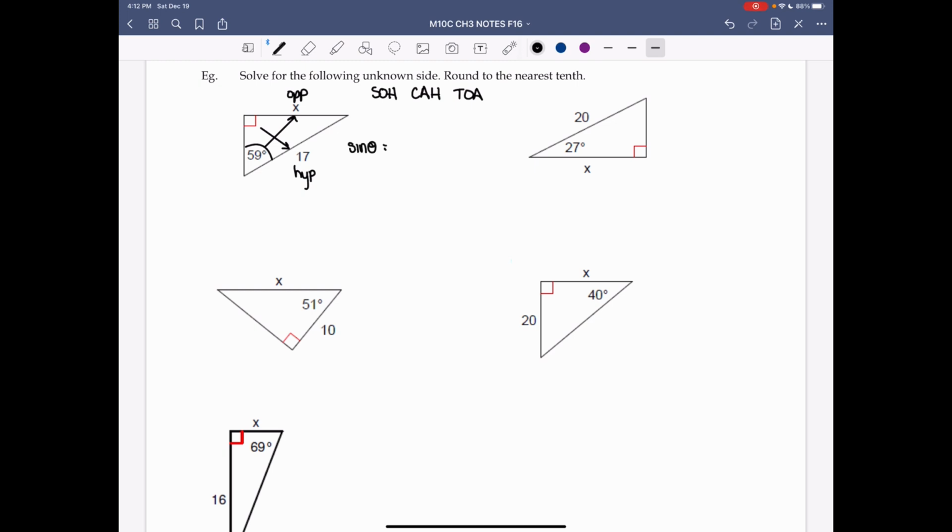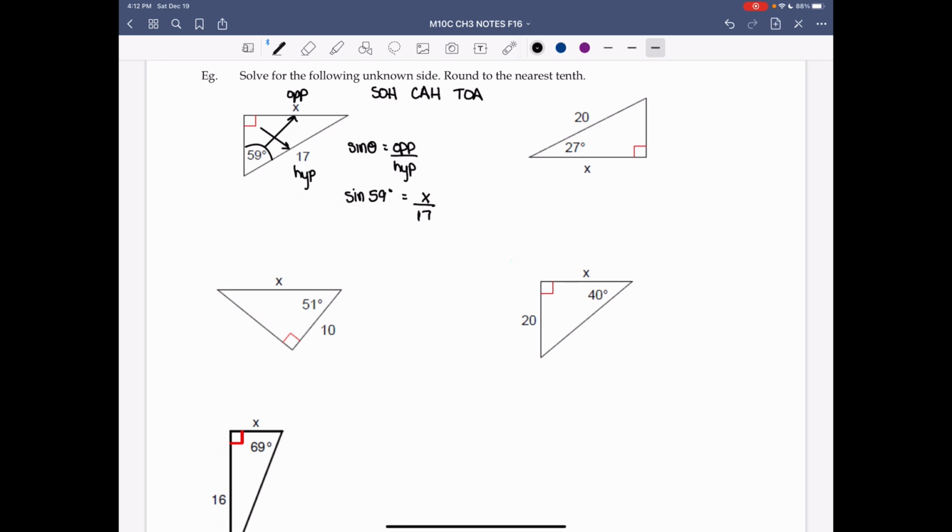Sine theta equals opposite over hypotenuse. Then we plug in our information. Our angle theta is 59. Sine of 59 degrees equals the opposite is x, and the hypotenuse is 17.